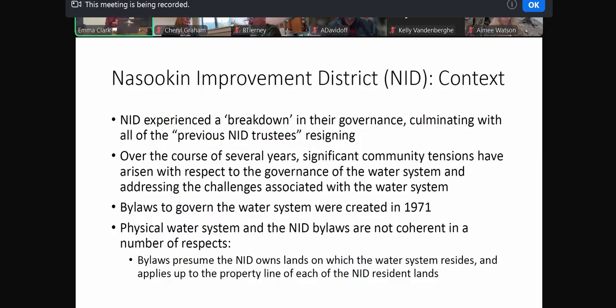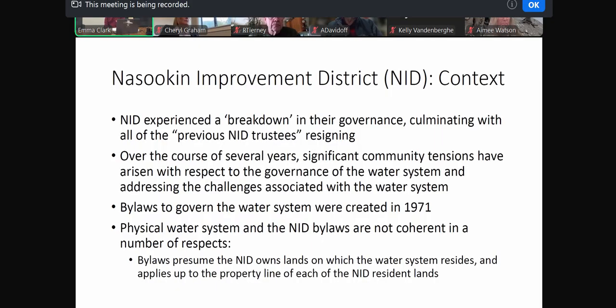It's interesting to note their bylaws are written from 1971, and a lot of other bylaws all around are written around that time as well. If you want to see the change in society, I really recommend you read those old bylaws. The language will be startling to see, the way it's framed.